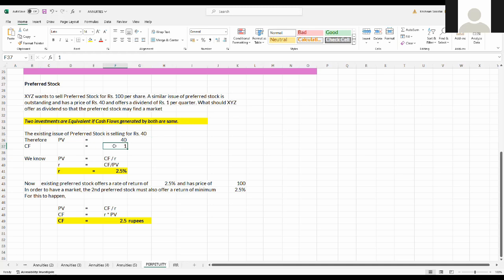Every quarter, the dividend is considered to be the cash flow, which is 1 rupee per quarter. Now, how do you calculate it by substituting in the formula, cash flow divided by R? R equal to cash flow divided by present value, where cash flow is 1 and present value equal to 40, which is 2.5%.